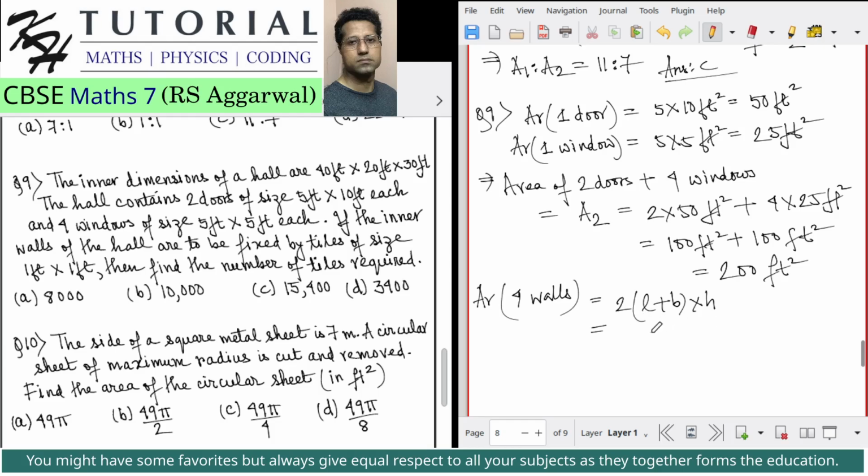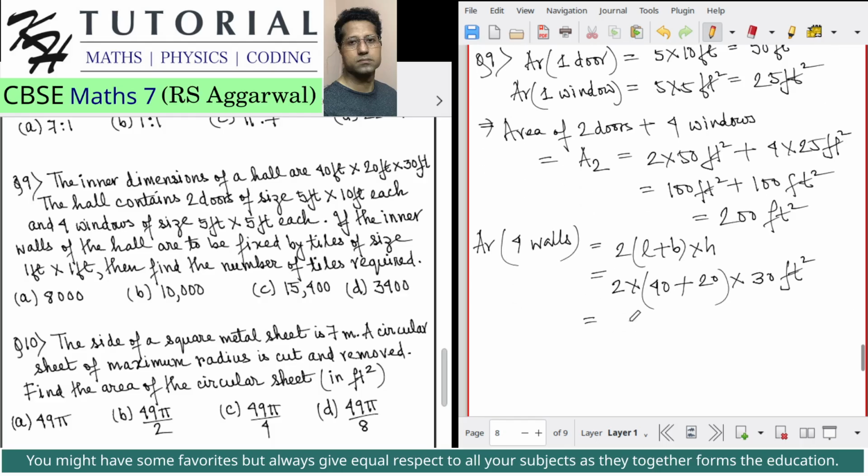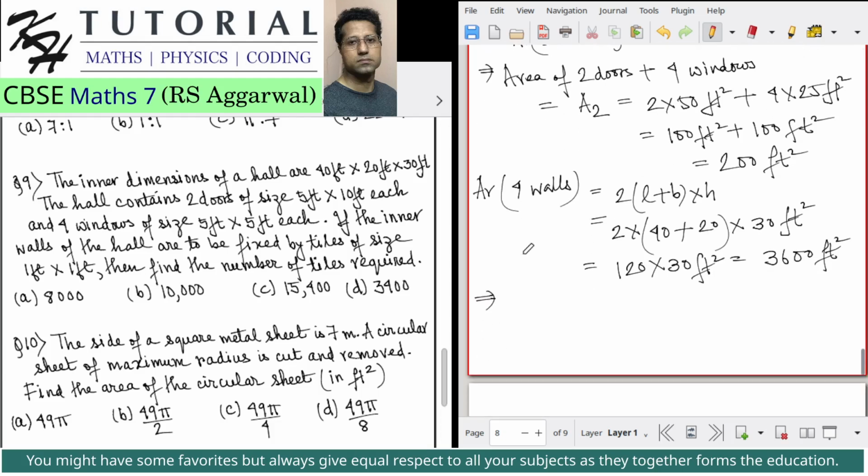The dimensions of the hall are given, so this will be 2 into 40 plus 20 multiplied by 30 feet square. This becomes 120 multiplied by 30, which is equal to 3600 feet square.